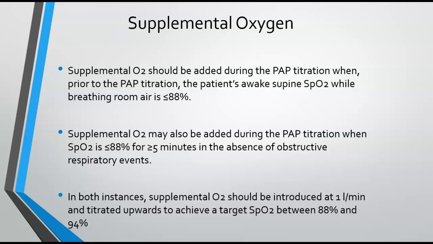In both instances, supplemental O2 should be introduced at 1 liter per minute and titrated upward to achieve a target SpO2 between 88 and 94. Some centers may need only 90 and above, and we know that we don't need 100% saturation by adding oxygen, and we need to be cautious of giving more oxygen to certain patients.